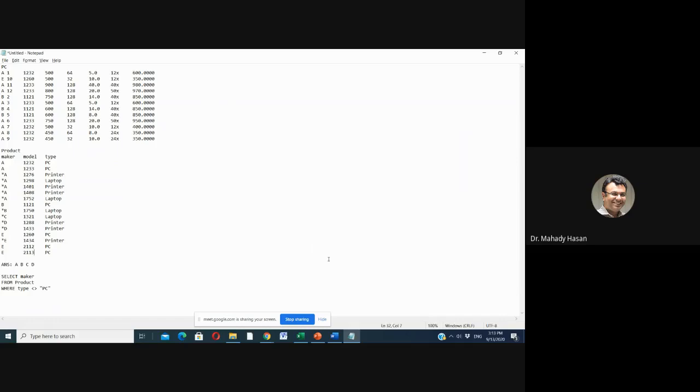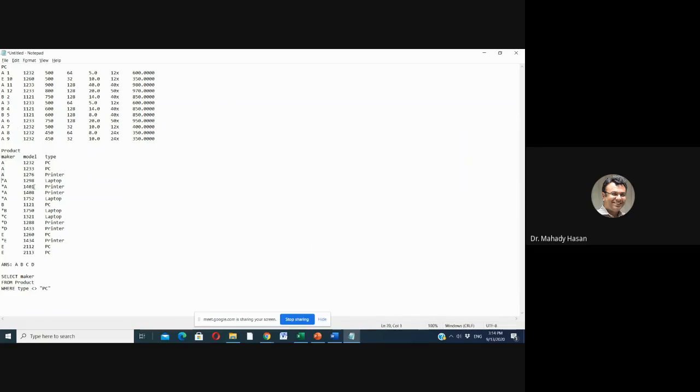Can we do that? That means what I'm saying, this is the product table, right? Are you there? Yes, sir. So this is a product table and we want to find out of this product which models are not there in PC table considering they are PCs.